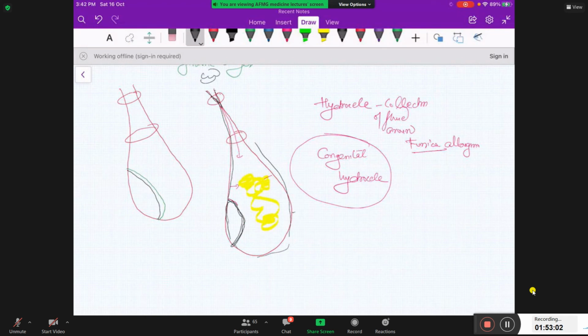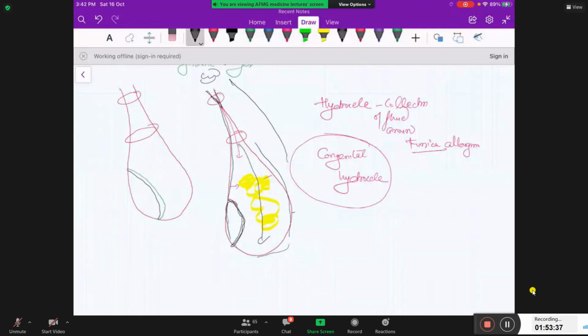Now the peculiarity is that there is a collection of fluid, but when this patient stands, the fluid will come down to the scrotum, so it gives rise to a swelling. But when this patient lies down, this fluid will go back. So any swelling in the inguinal-scrotal region which is getting reduced on lying down, what will be your first impression?